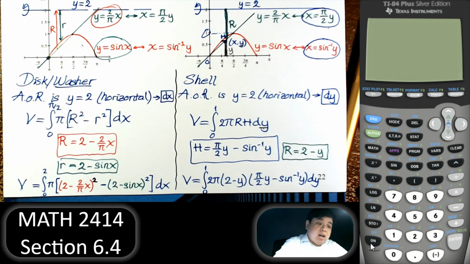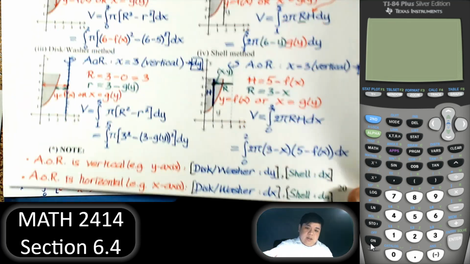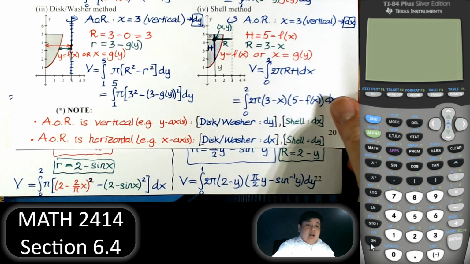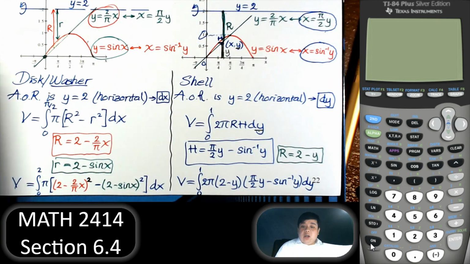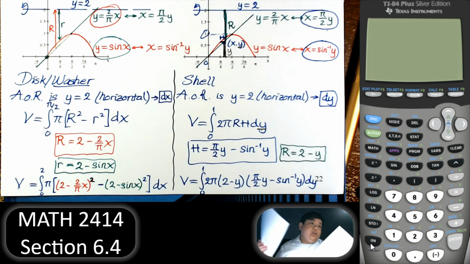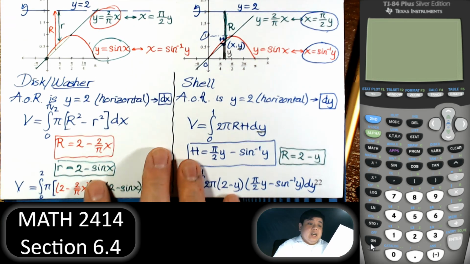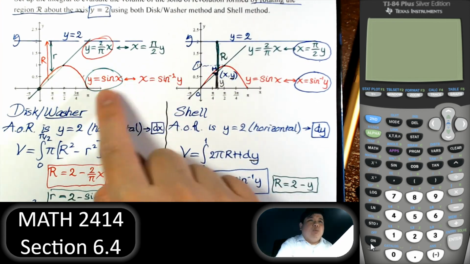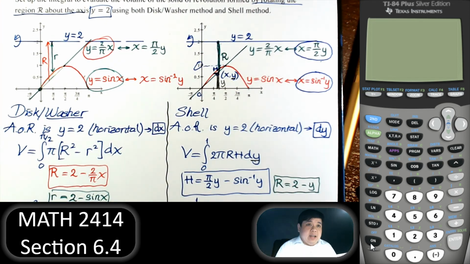And then the bottom line is, in terms of the axis of rotation, for the disk and the washer method, the first thing we need to determine is whether we use dx or whether we use dy, and everything else will follow after that. And usually when we draw the function, just do both x and y, and then it depends.